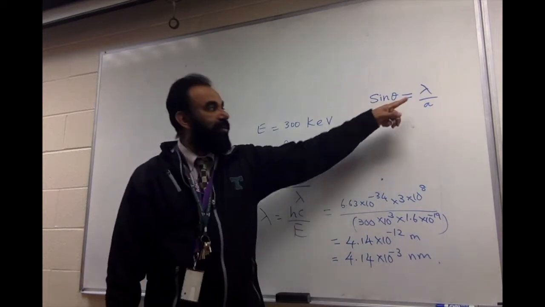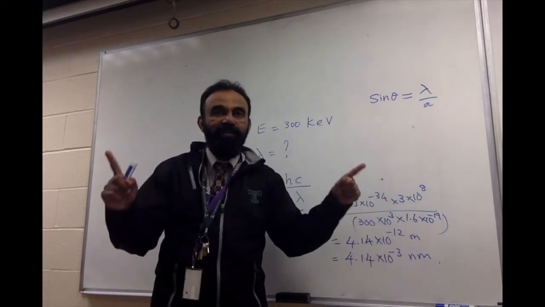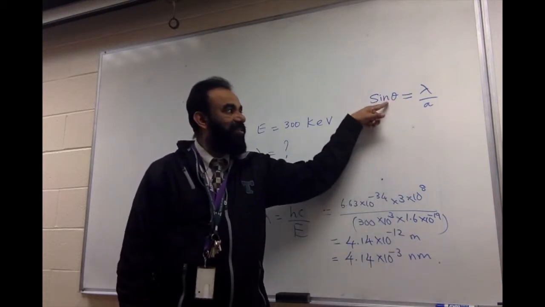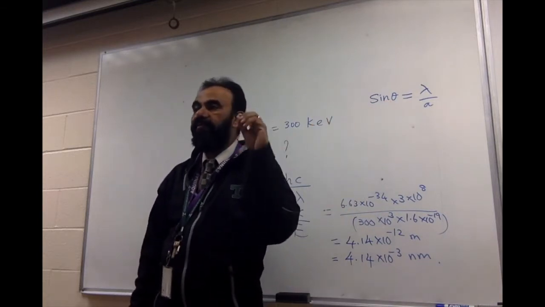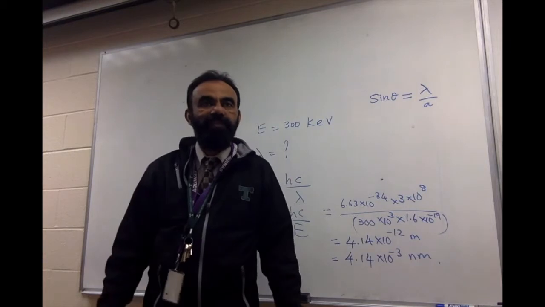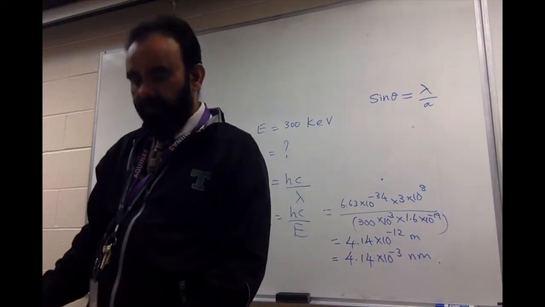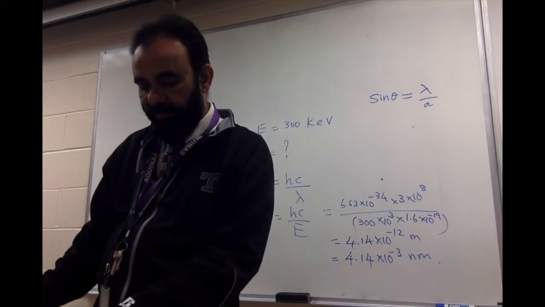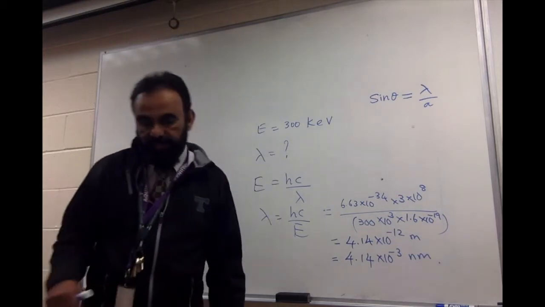Definitely no, because lambda is so many nanometers and the door is 1 meter. When you divide, sine theta is going to be so negligible, and so theta will be very small, almost zero. And so you cannot see any diffraction. That's the answer for that.